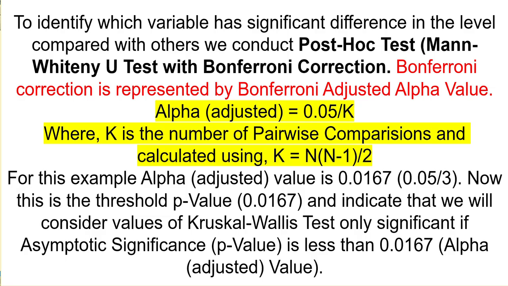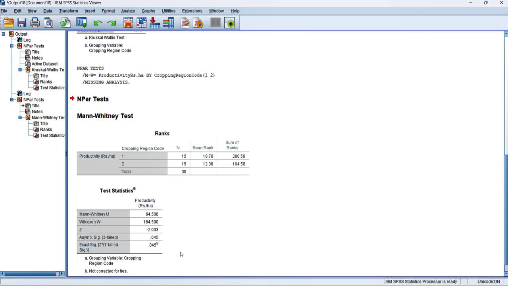After calculating Bonferroni adjusted alpha, we can say p-values less than 0.0167 are considered statistically significant, and in this case the value is more than the Bonferroni adjusted alpha value of 0.0167. So we will reject this and can interpret that between the wheat rice region and wheat cotton region there is no statistical difference in agricultural productivity.